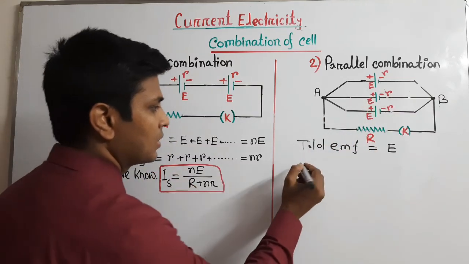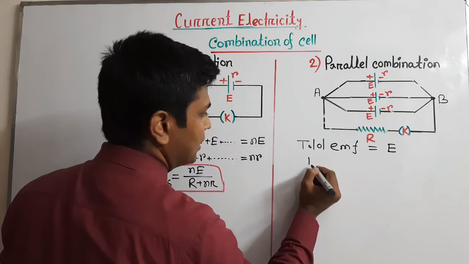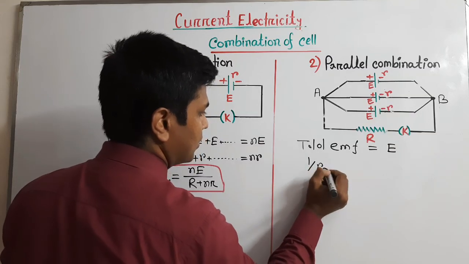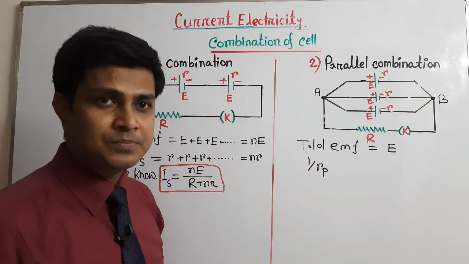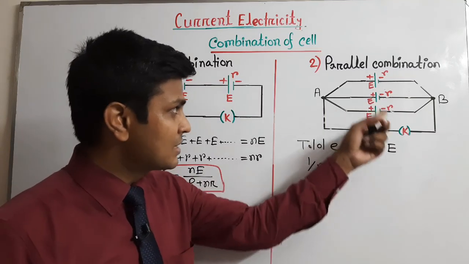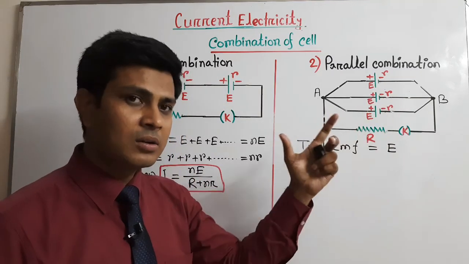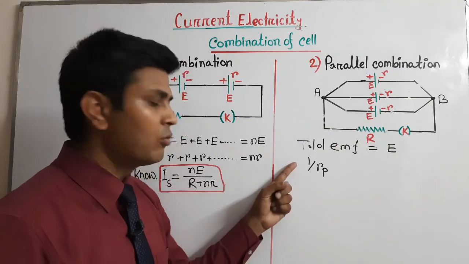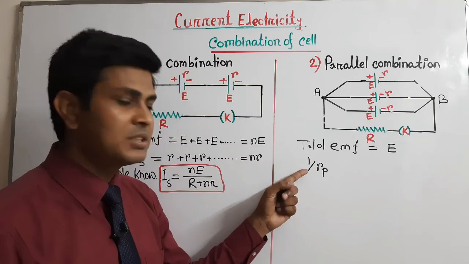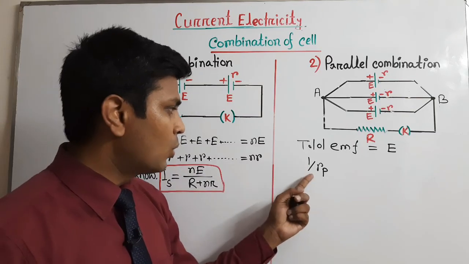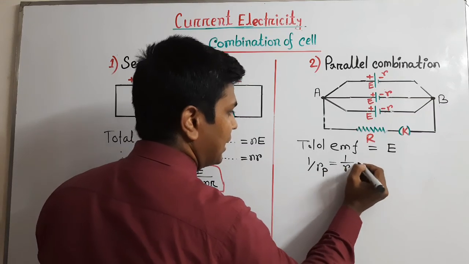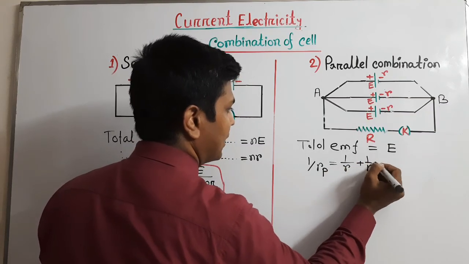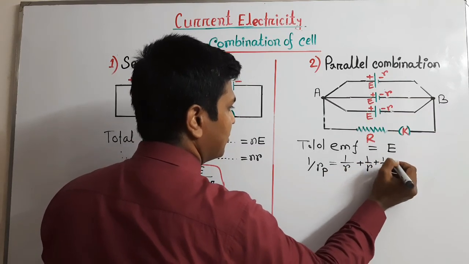Now, what will be the equivalent resistance for internal resistance? We know this internal resistance is connected in parallel combination, and the formula to calculate the equivalent resistance for parallel combination is 1 by Rp equals 1 by r plus 1 by r plus 1 by r plus dot dot dot.